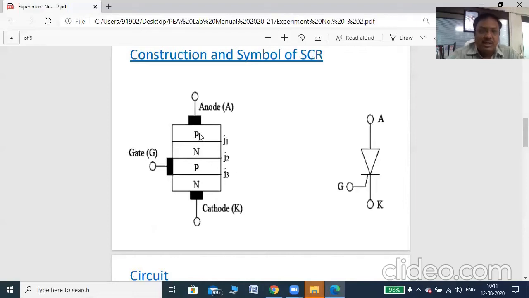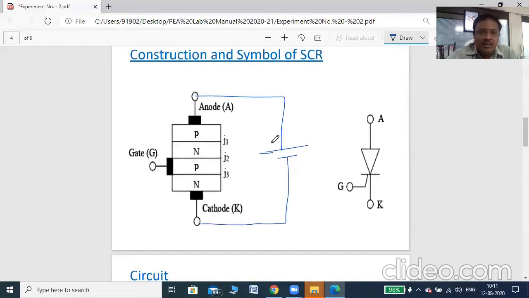So what happens exactly in the construction of SCR? J1, J2, and J3 are the three junctions. If you apply positive voltage to the anode with respect to the cathode, say by connecting a battery between these two, then what happens?